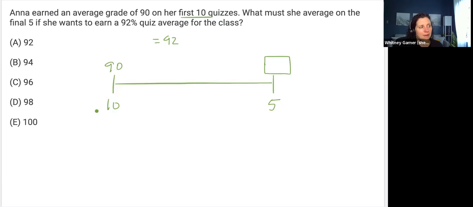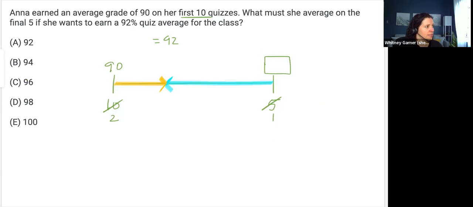What I know though is down here, 10 to 5 is the same as a 2 to 1. I can mark this as 2 units pulled towards the 90, while there's only 1 unit pulled towards whatever number this is.